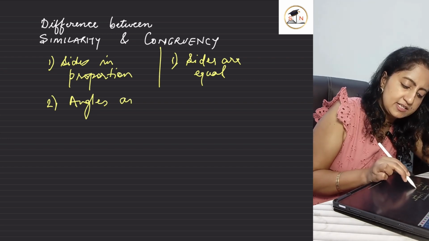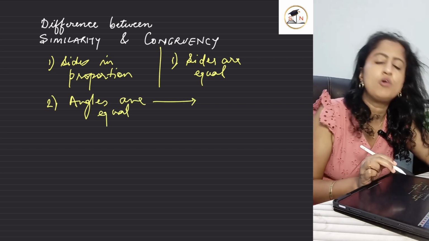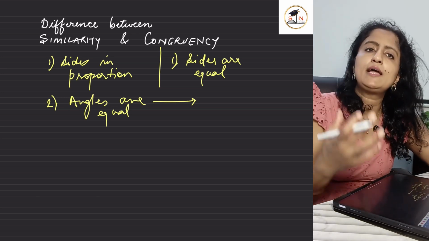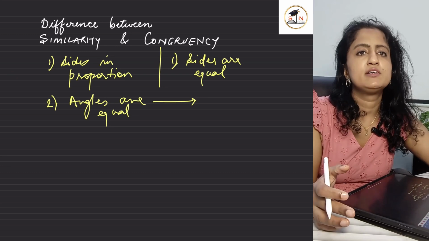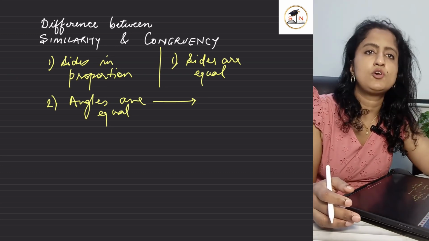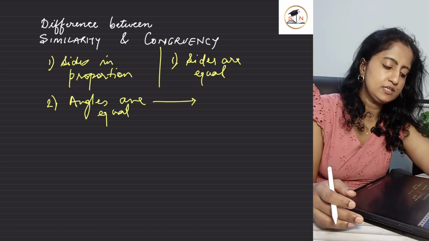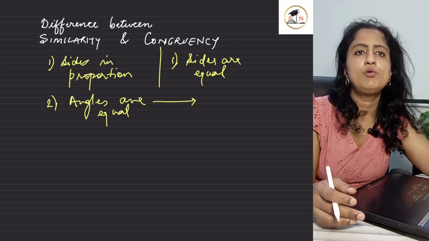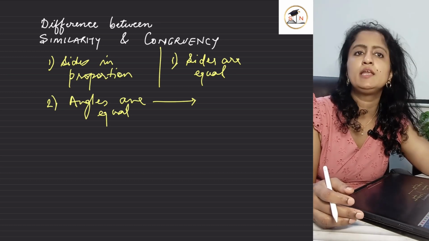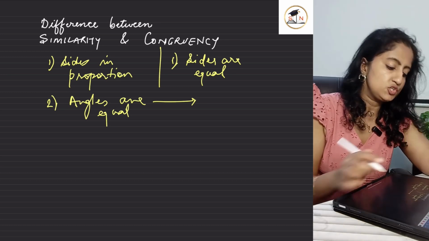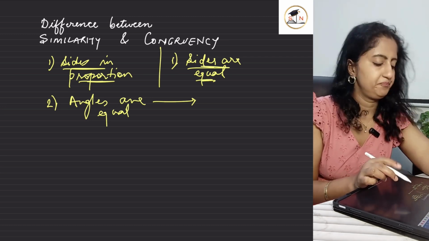Yes, angles are supposed to be equal, and that is the same for congruency as well. So the difference lies only in terms of sides. The sides are not supposed to be equal, but in proportion, whereas in congruency, the sides are supposed to be only equal. We do not have to worry about proportion in congruency. That is the major difference with respect to sides.